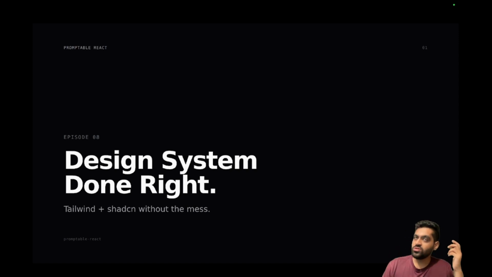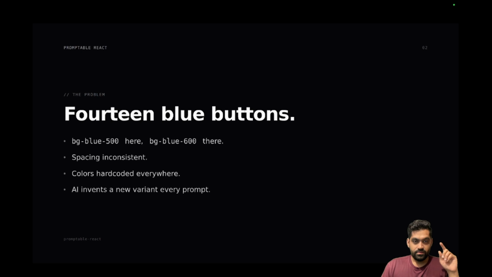And it's not just that you have to use Tailwind plus shadcn, you have to do certain steps to make it AI ready. Okay. First of all, the problem is this: there are hundreds of blue buttons. Even if you use Tailwind, by blue buttons I mean there are hundreds of variants of each component, right? And there are inconsistencies everywhere. There are colors hard coded everywhere, and AI, if it sees this pattern, AI will always reinvent.